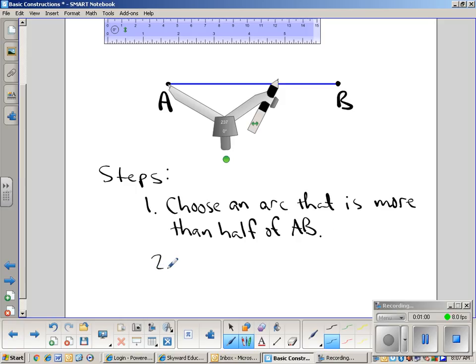So step 2 is going to say make an arc above and below line AB.